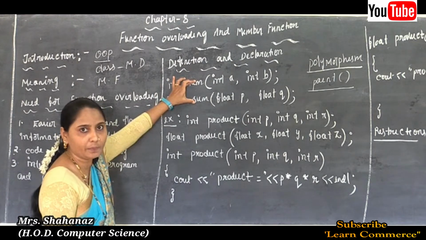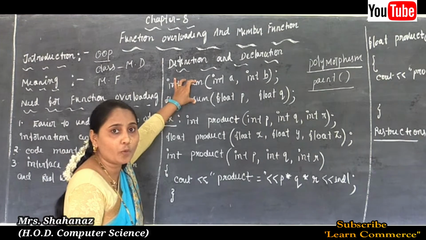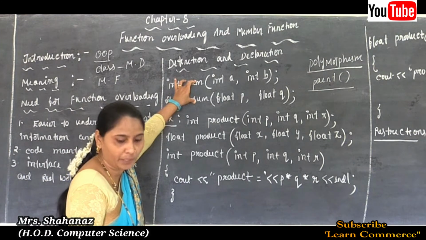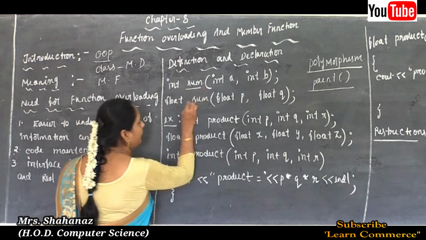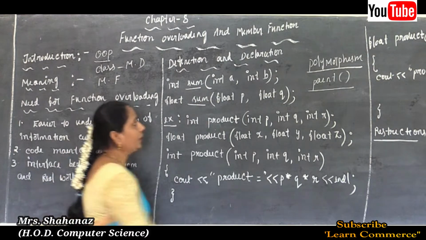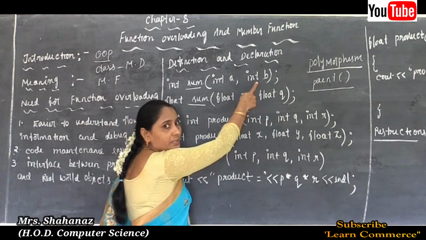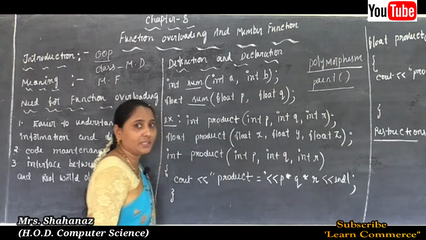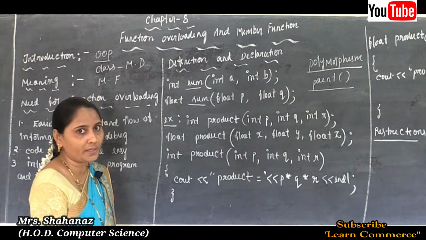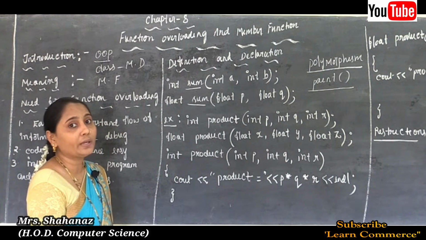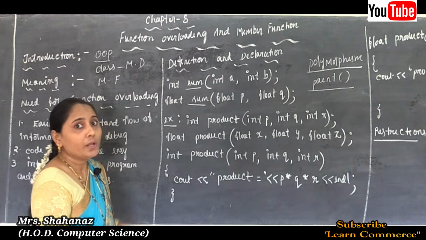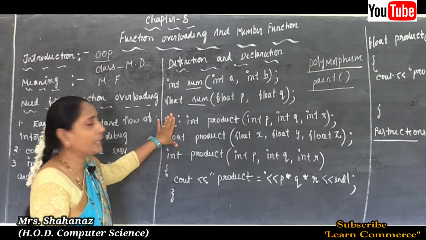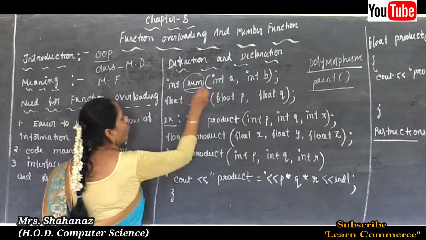So, two or more functions have the same name, but differ in the number of arguments and different kinds of data types. Therefore, it is said that the function name is overloaded.